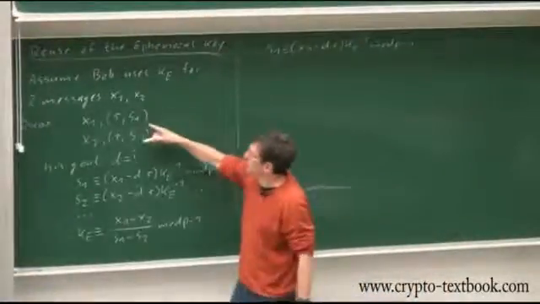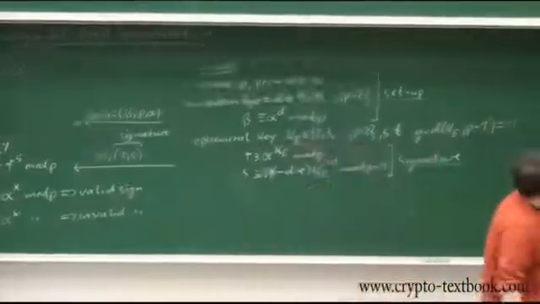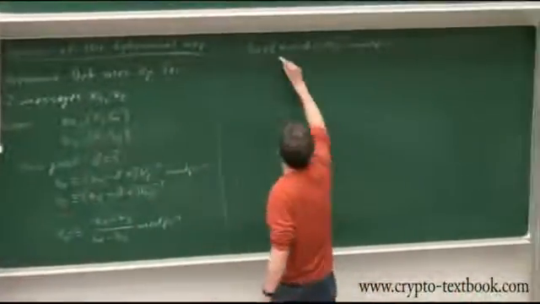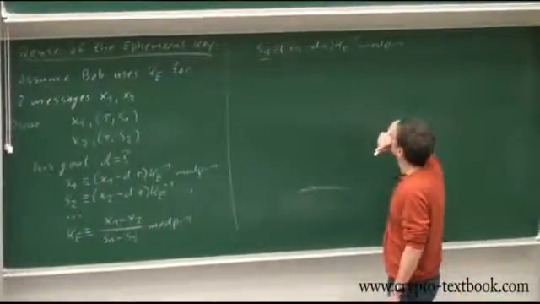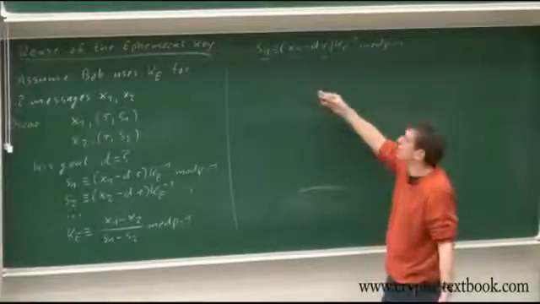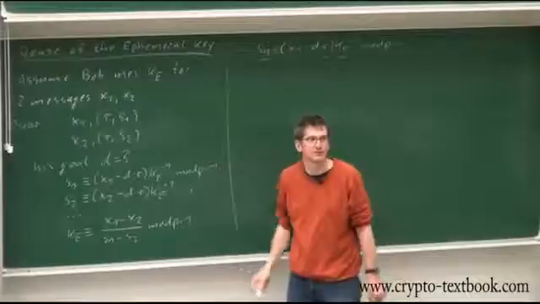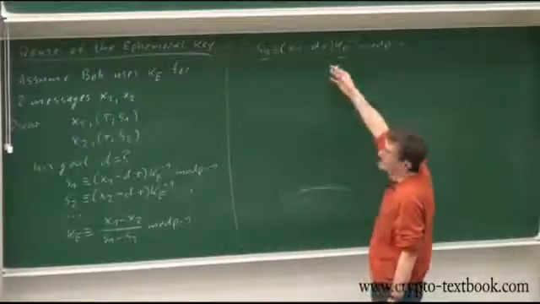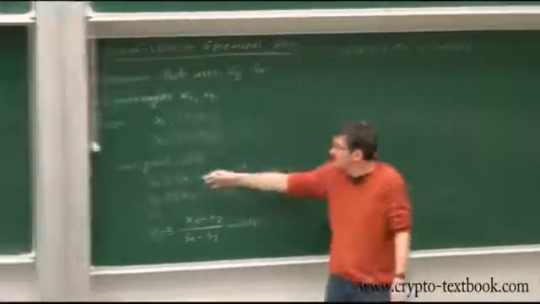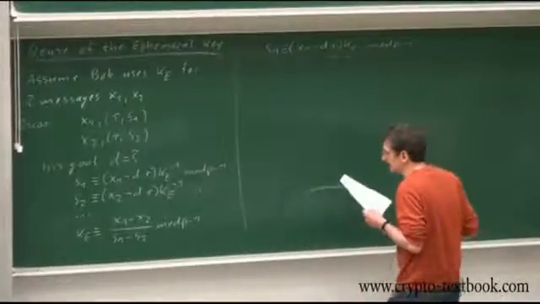Well, he knows S1. This is going over the channel, right? He knows X1, which is also on the channel. He knows R, which is on the channel. And what he didn't know before was KE, but he knows that from the first calculation. So the only thing left is, the big prize is D. And he gets that.